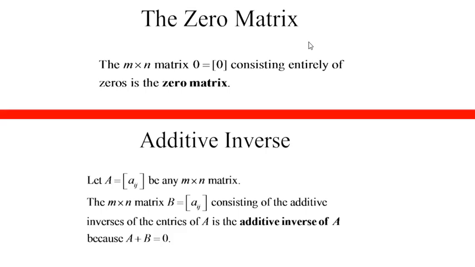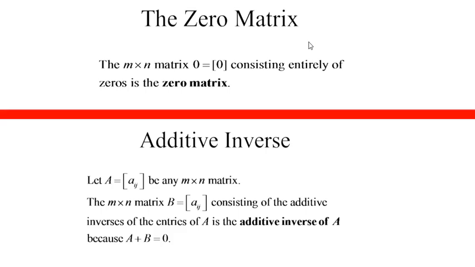The additive inverse, if we have a matrix A consisting of M by N rows and columns, well, the additive inverse would be a matrix B that has the same order, an M by N matrix, where if we added each entry from matrix B to matrix A, our result, the sum, would be the zero matrix. So each entry in matrix B would be the additive inverse of matrix A.